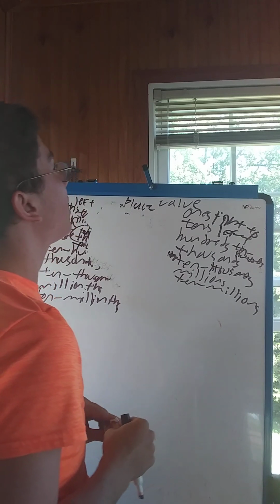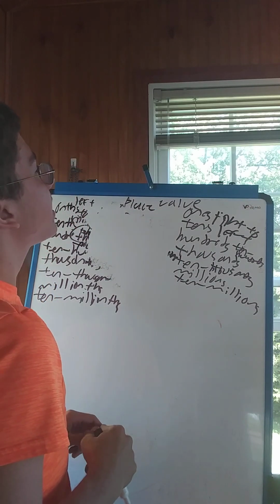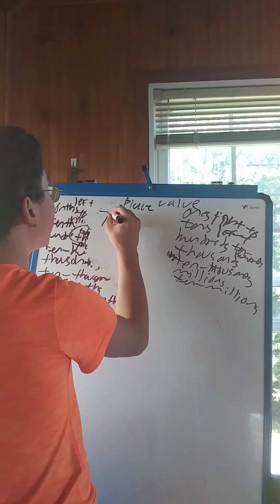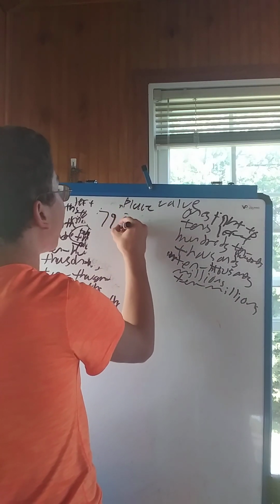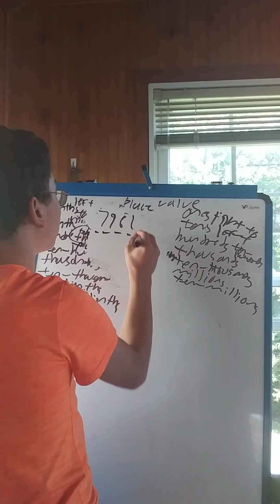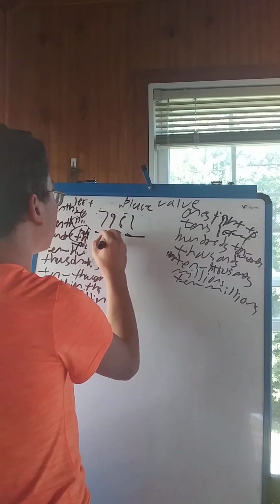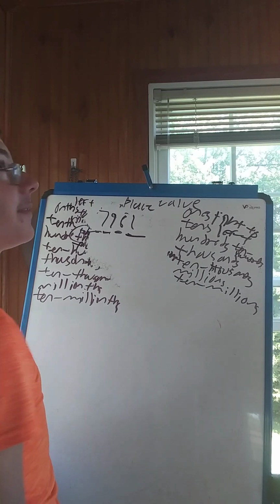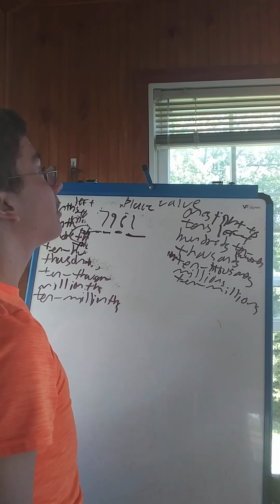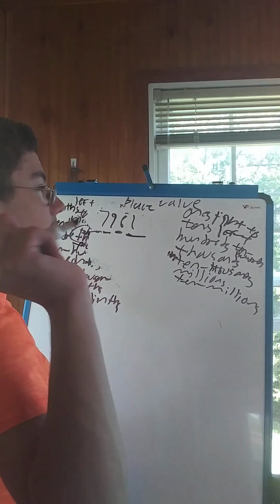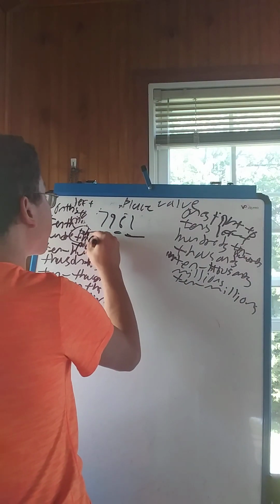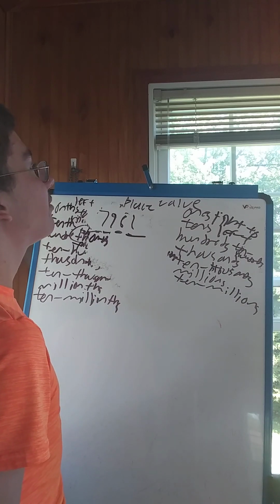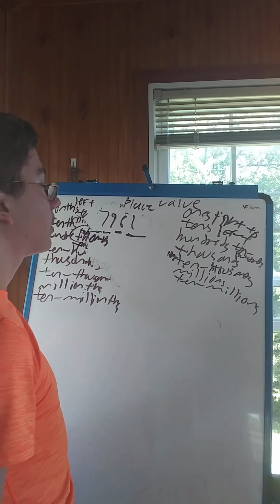Okay, so now let's do one of those 1,000 numbers again. 7, 9, 8, 1. Okay, the 7 going from left to right, once. The 9 going from left to right, tenths.